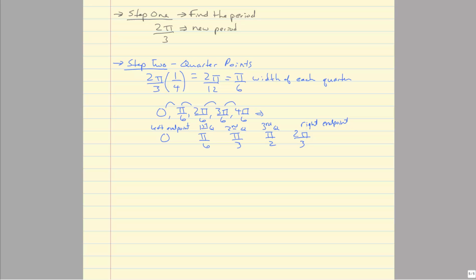Now what we want to do is we want to evaluate the function at these points. So step 3, evaluate the function at the points in step 2. These quarter points, right endpoint and left endpoint.